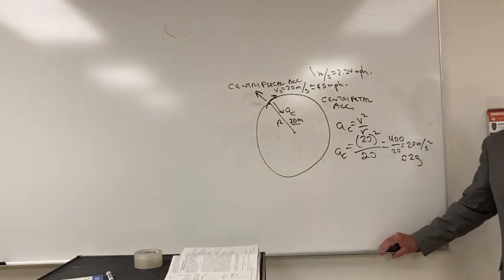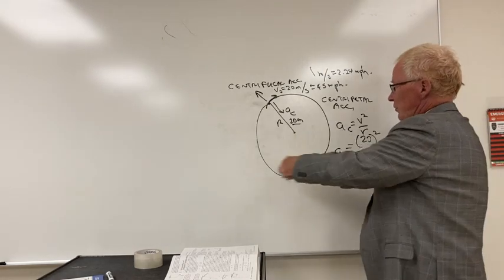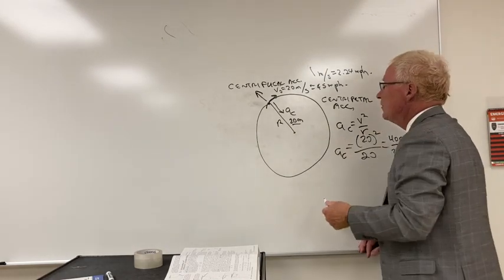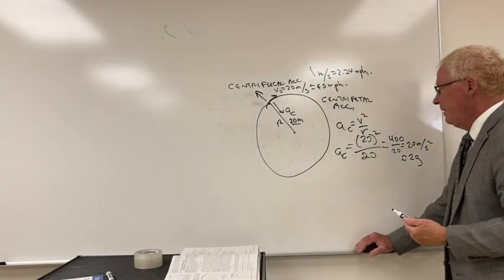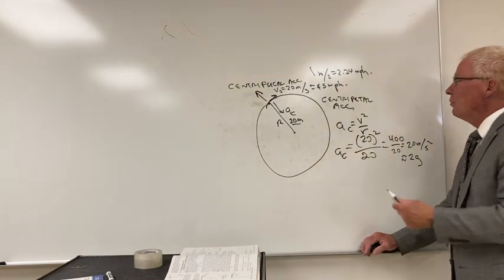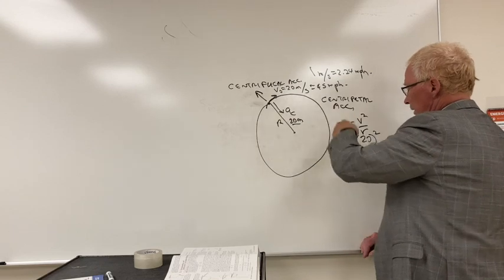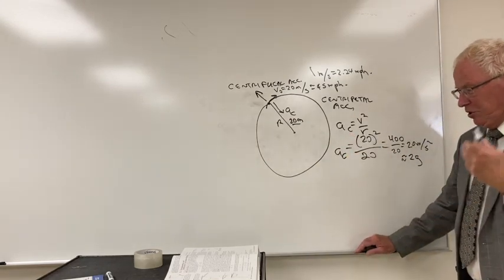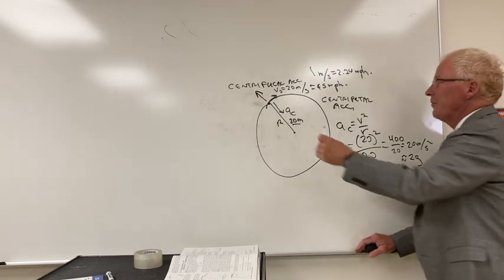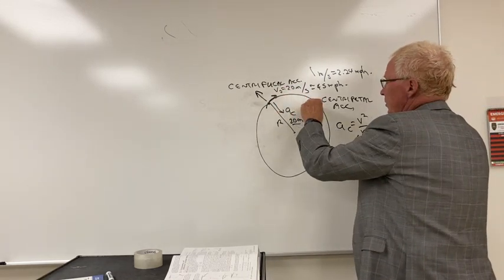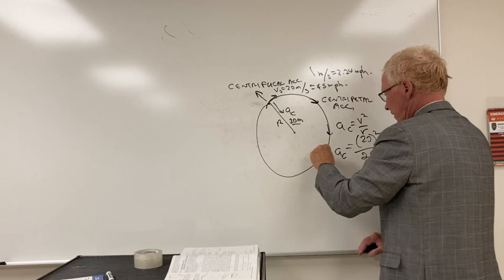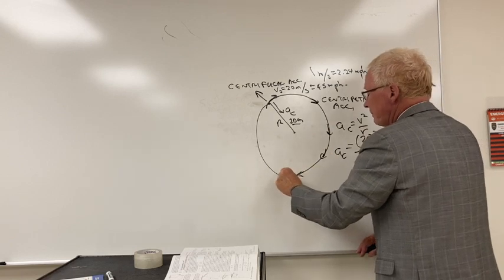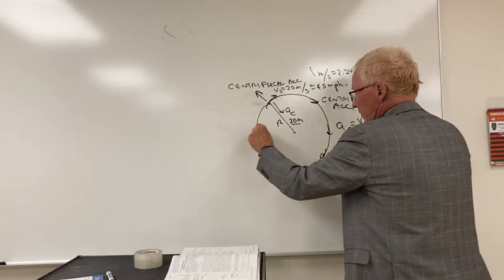It would be very uncomfortable. Centrifuges do this sort of thing. So you're moving at a constant speed, but you are constantly changing your direction, and the definition of acceleration is a change of velocity. If you're changing your direction, you're changing your velocity by moving in a circle. And that's what we call centripetal acceleration.